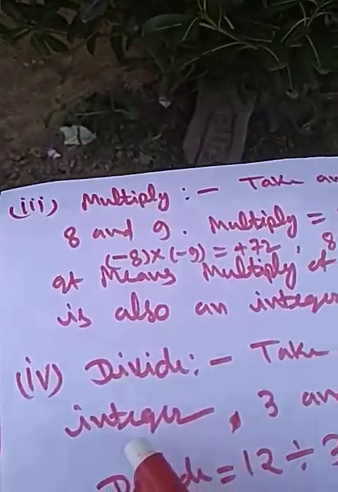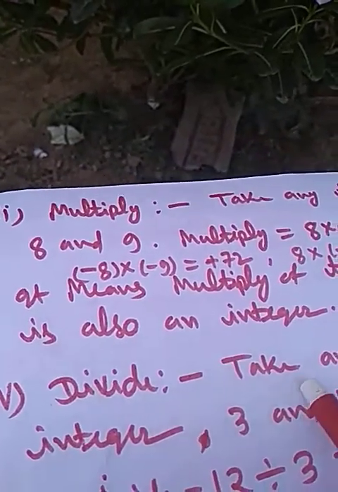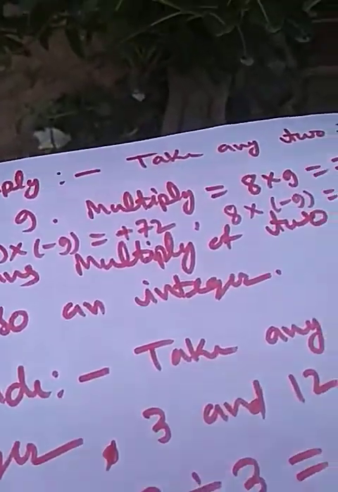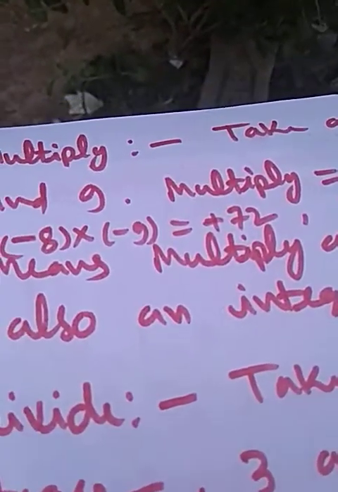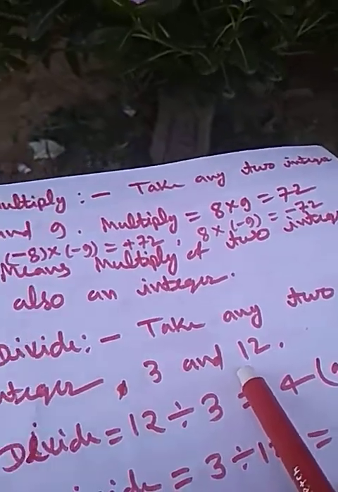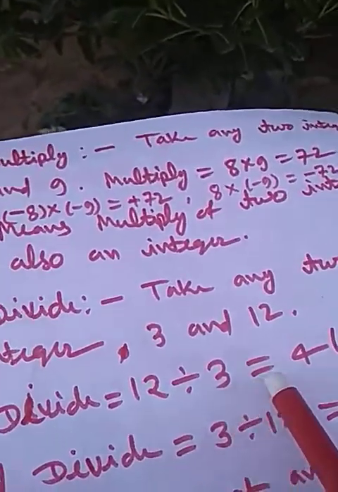Now fourth case is divide, means the fourth operation is divide. Take any two integers, 3 and 12. Now pay attention, integers 3 and 12. Divide 12 divided by 3, that is equal to 4.